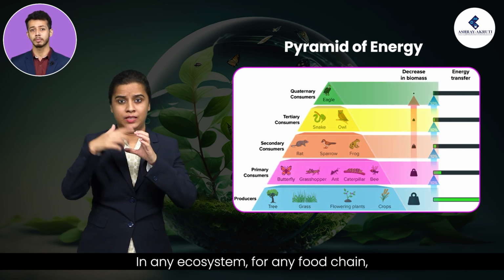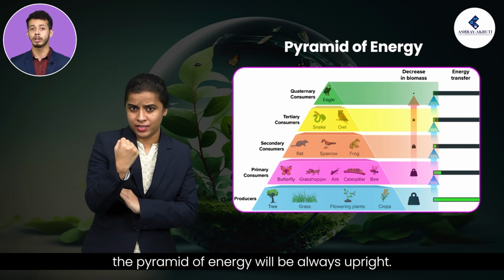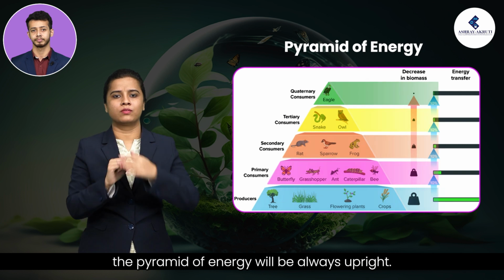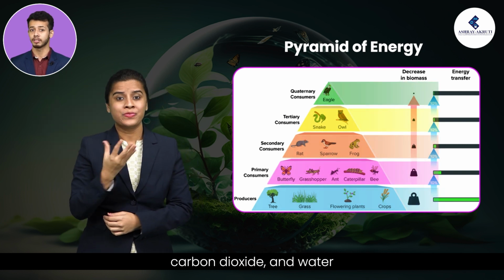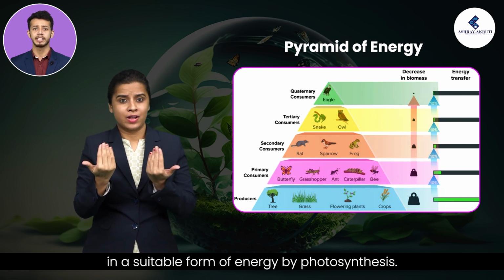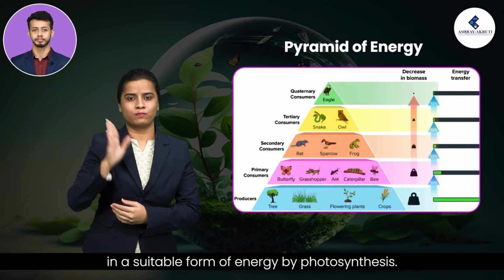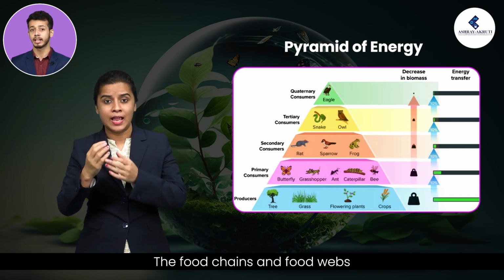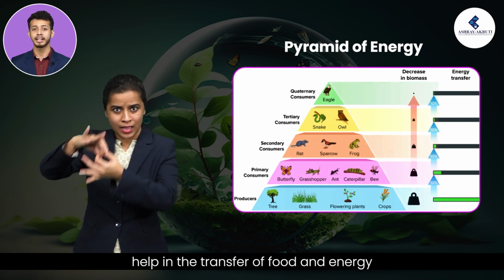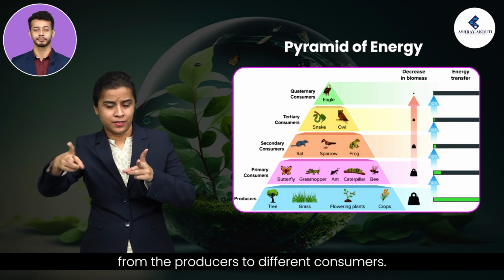In any ecosystem, for any food chain, the pyramid of energy will always be upright. The energy of sunlight, carbon dioxide and water can be made available in a suitable form of energy by photosynthesis. The food chains and food webs help in the transfer of food and energy from the producers to different consumers.